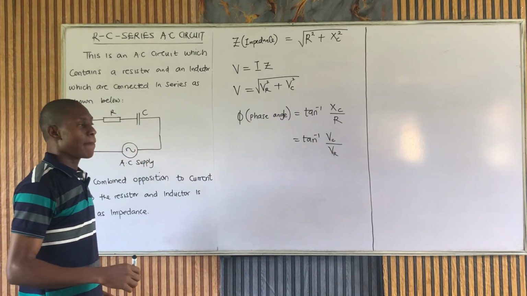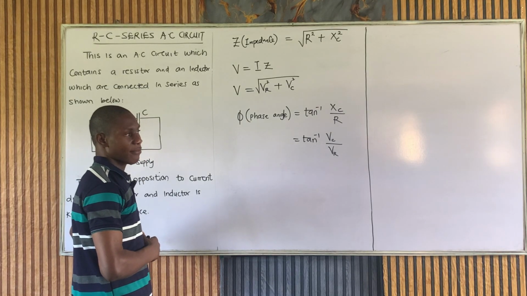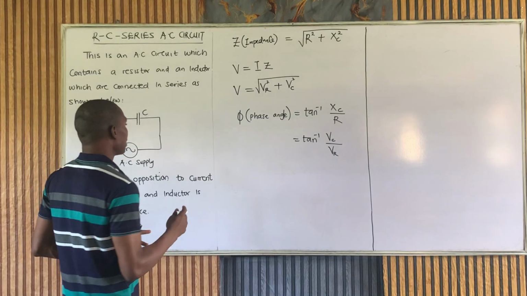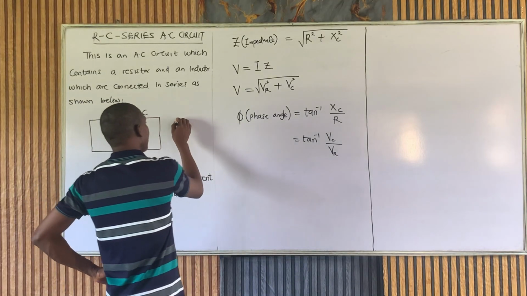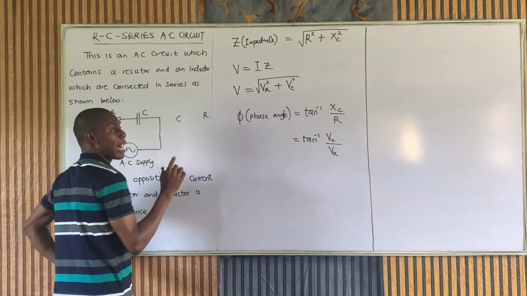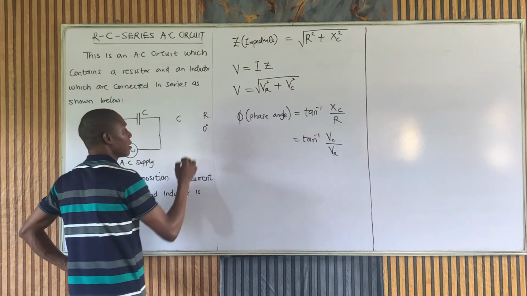You see here, our phase angle is usually negative. That's because this is between a capacitor and a resistor. And remember, in a resistor, the phase angle is 0 degrees.